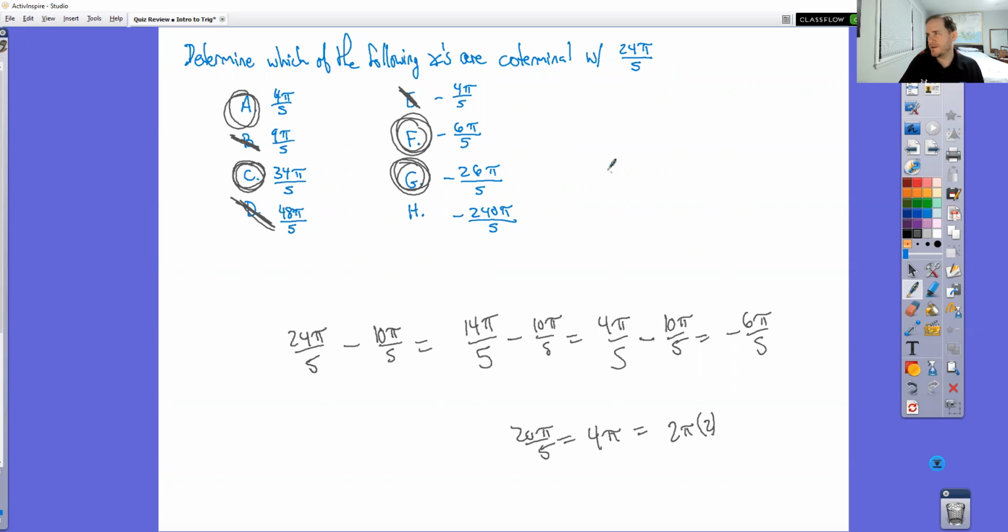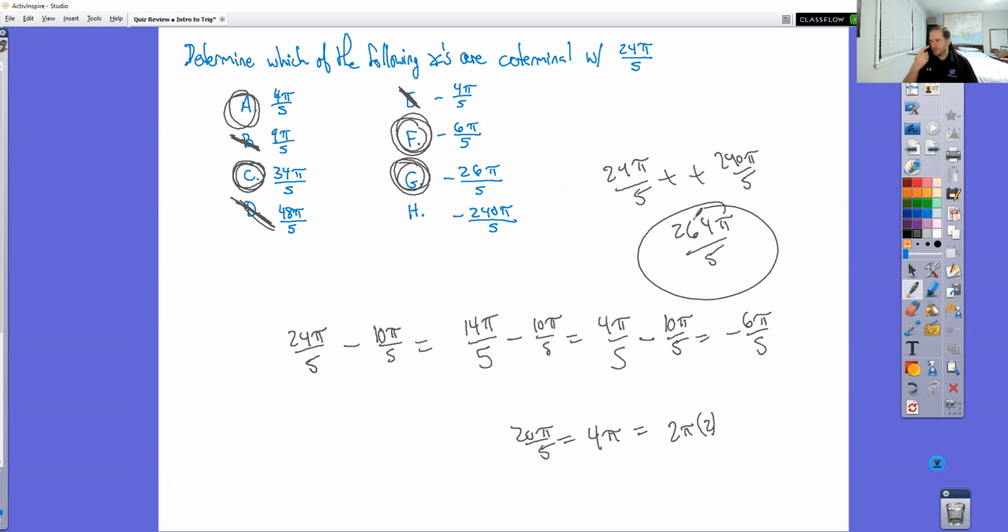Well, technically 24 pi over 5 minus negative 240 pi over 5. You're basically adding, so you get 264 pi over 5. So that difference between them is not a clean multiple of 10 pi over 5. So that should be a no. So just those. Moving on.